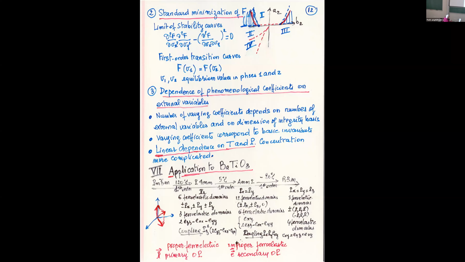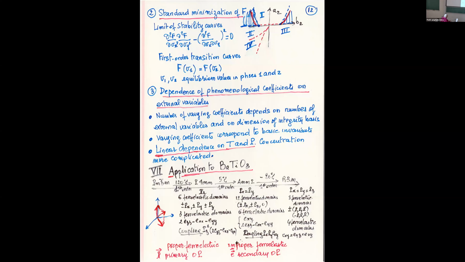So you have 3 first order transitions. I have drawn here P4MM, AMM2, and R3M, so we have to use all what we know now to see what is the phase diagram, how many domains, and all that.